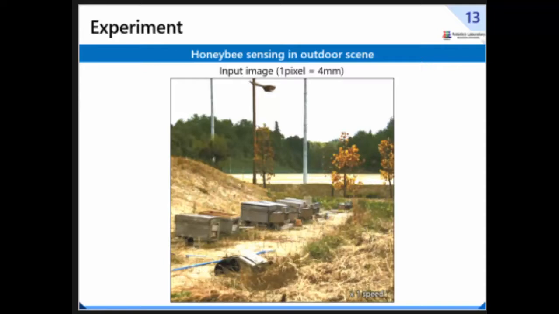This video corresponds to human eyes. In this case, the 1024 by 1024 image corresponds to a 4 by 4 meter area around the beehive. One pixel corresponds to 4 millimeters. It's difficult for human eyes to detect where the honeybees are in an image from a remote place.